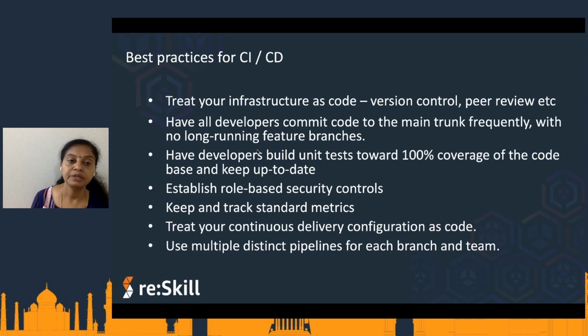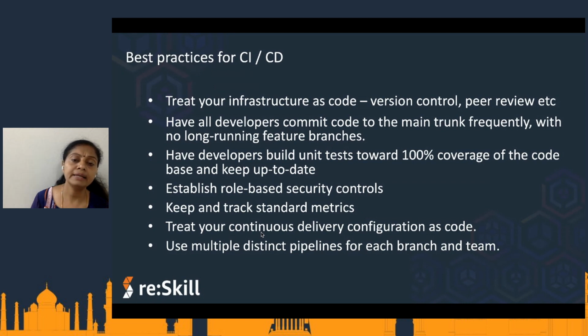If spinning up your pipeline is also automated and stored as code, then provisioning the resources and using them is going to be error free. So that's the best practice for your continuous integration and continuous delivery.